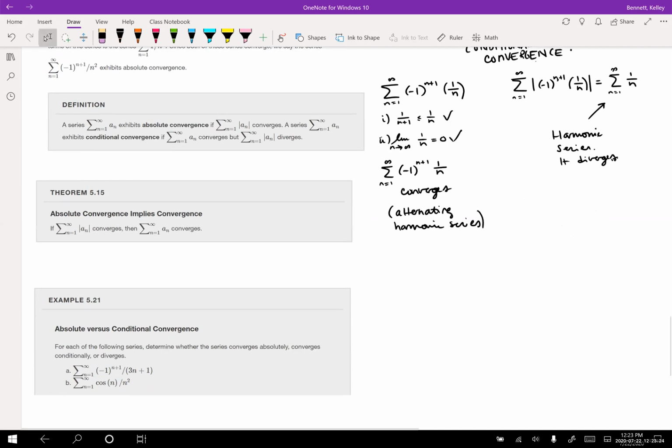And if we know that if we take the absolute value, if it converges, then it would imply that the other guy converges as well, because it kind of serves as an upper bound for it.